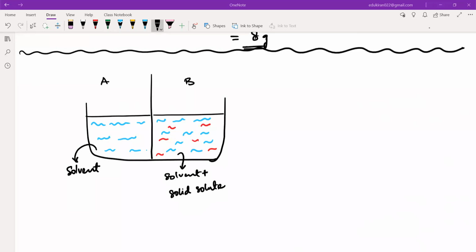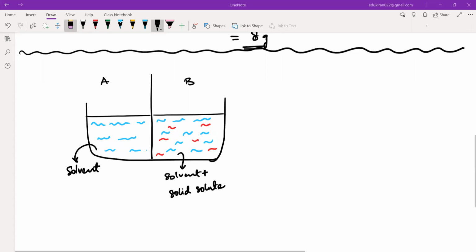B का vapor pressure कम क्यों है? Because there is solid solute. So what will happen to the solid solute? There is more attraction, intermolecular. Samaira, कब last revise किया था आपने?